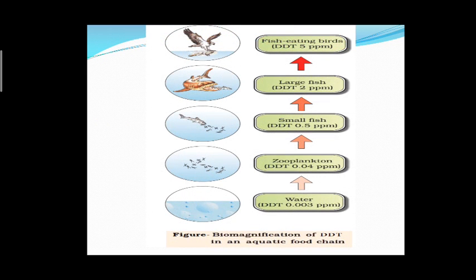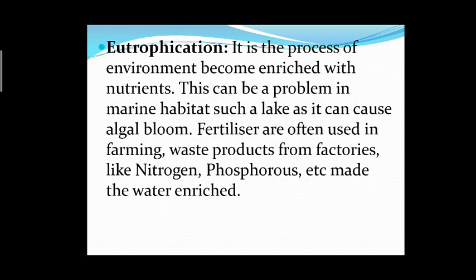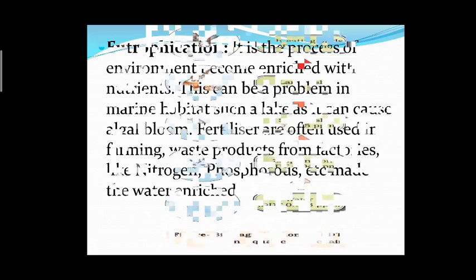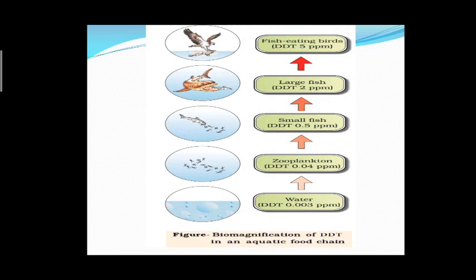That means many small fishes are required for a large fish, and many large fish are required for a bird. In such a condition, an increase in concentration of toxicant takes place. This biomagnification is a major problem in aquatic water bodies.